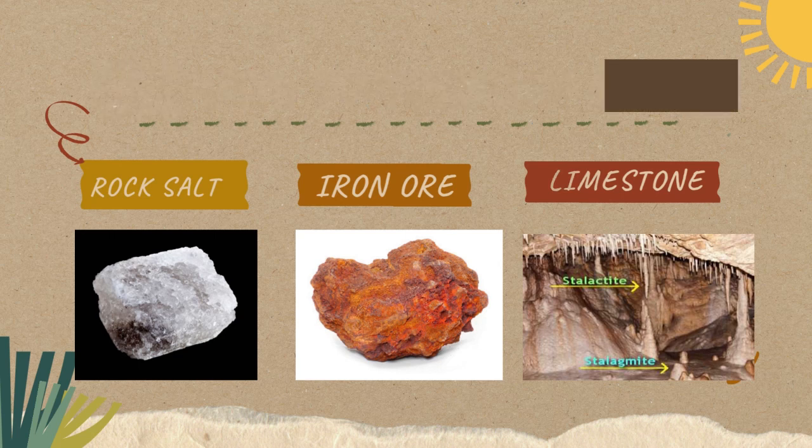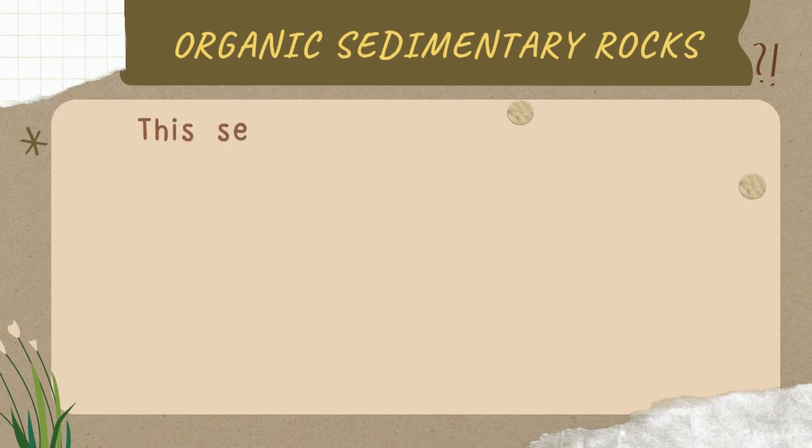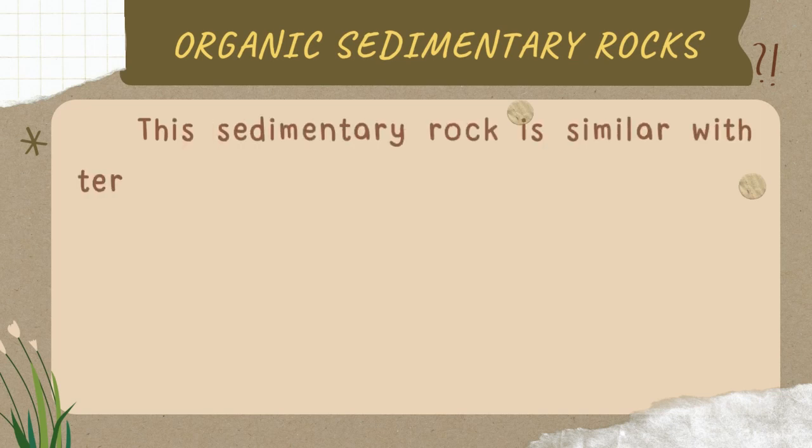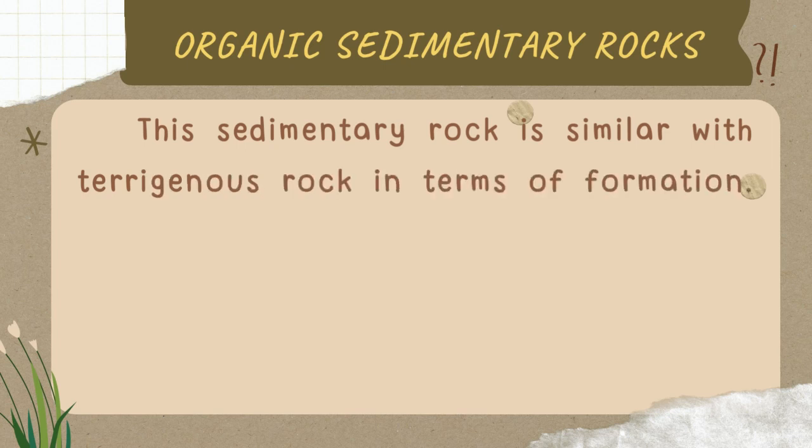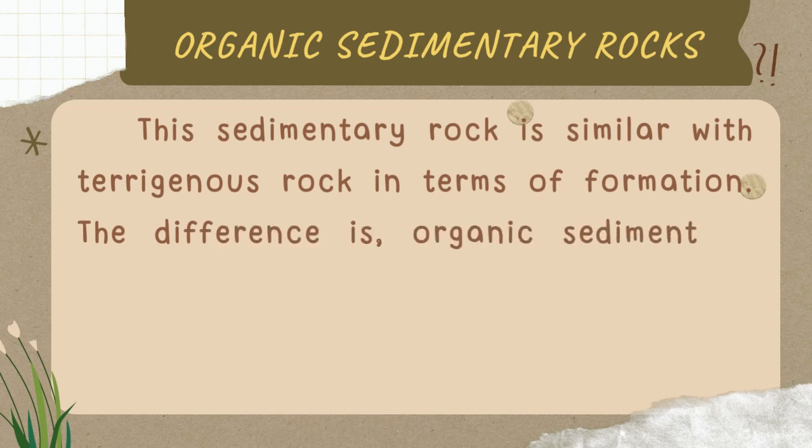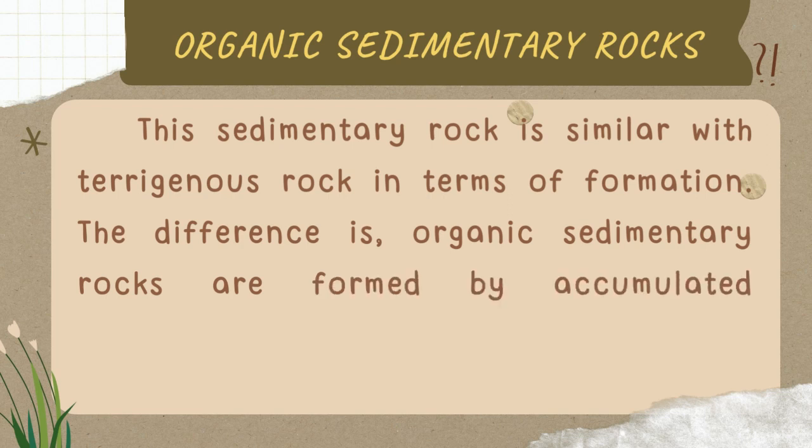In addition to those two types of sedimentary rocks, we have the organic sedimentary rocks. This sedimentary rock is similar to terrigenous rock in terms of formation. The difference is that organic sedimentary rocks are formed by accumulated sedimentary debris caused by organic processes.